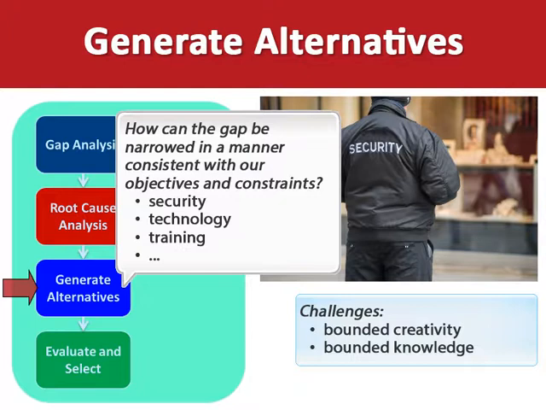Now, we're not going to spend too much time in an analytics course talking about this essentially creative stage of generating alternatives. But there are some well-known techniques like brainstorming, nominal group technique, Delphi technique that can help you and your team be more creative when you're generating alternatives.